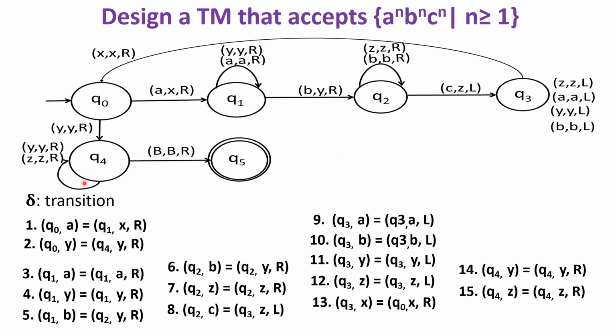Q4 takes a self loop for Y and Z, keeping the tape symbols as they are, moves towards the right. And once it comes across a blank, move left or right, it reaches the final state, where Q5 is the final state. So these are the delta transitions obtained for this Turing machine, A raised to n, B raised to n, C raised to n. Thank you.